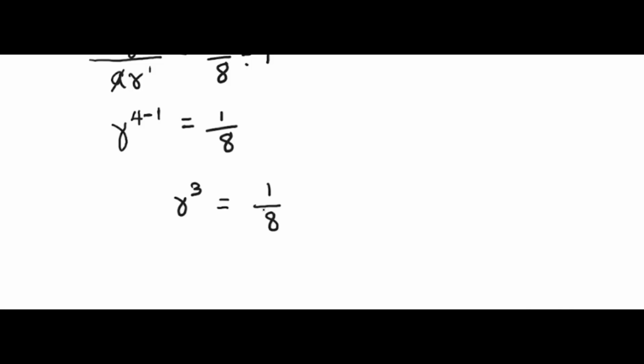So what do we do to get this? Multiply both sides by the multiplicative inverse of the power of 3, which is 1/3. Multiply the power of 1/8 by 1/3, so that when this cancels this, you have R raised to power 1, which is 1.